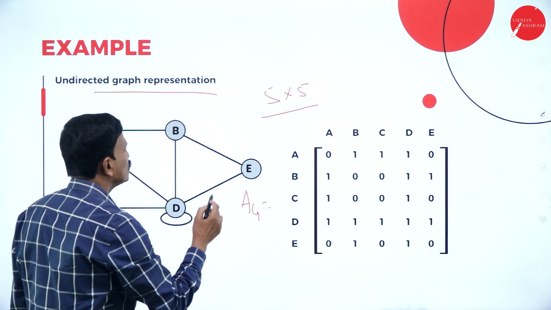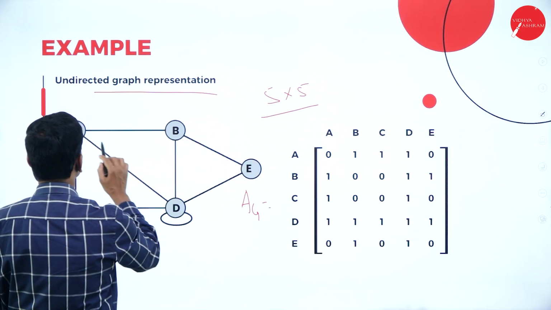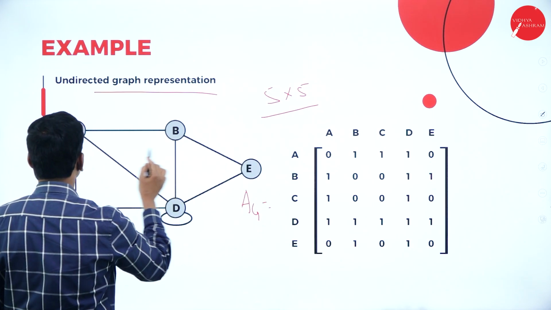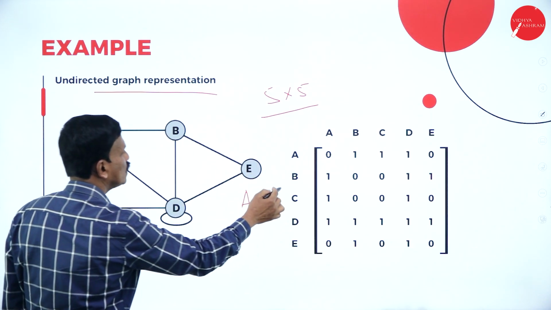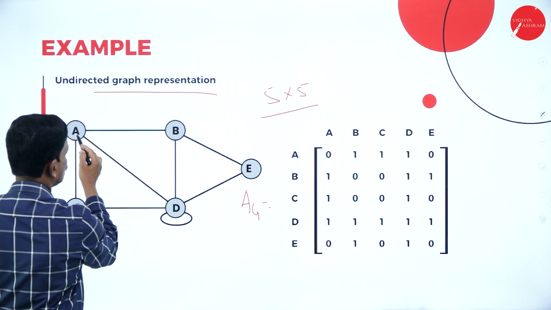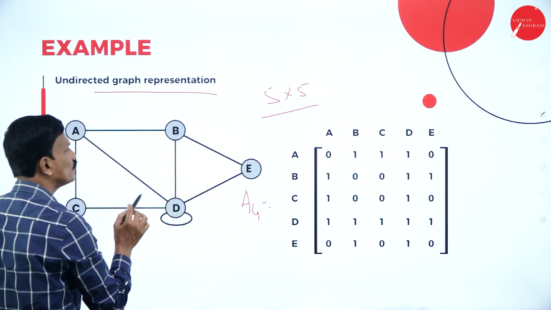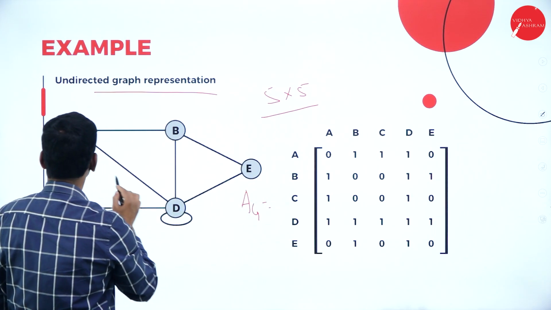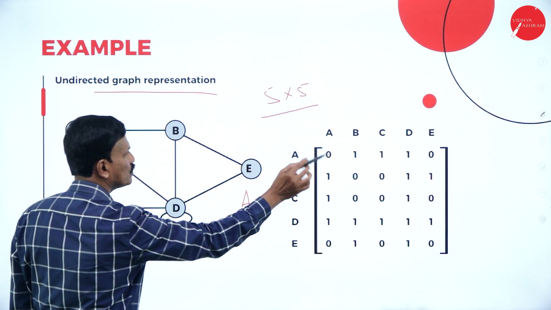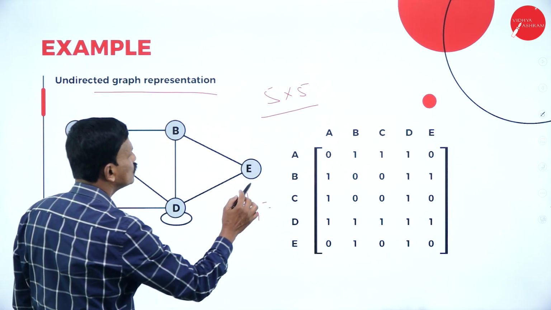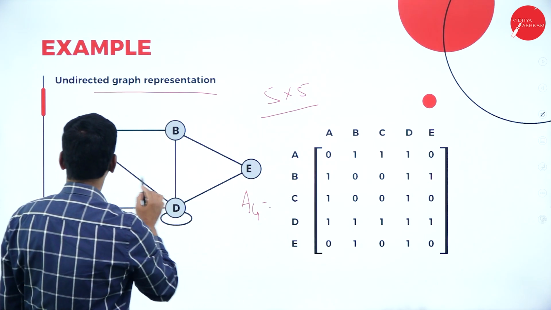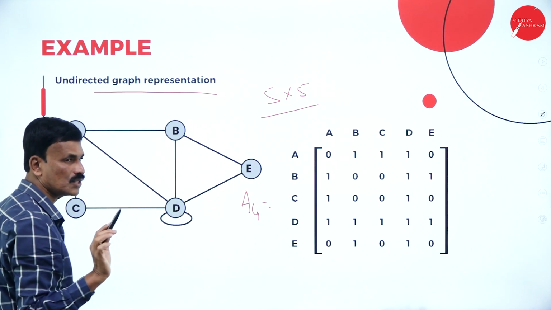Now here A to A is 0. A to B it is 1. A to C it is 1. A to D it is 1. From A to E it is 0.